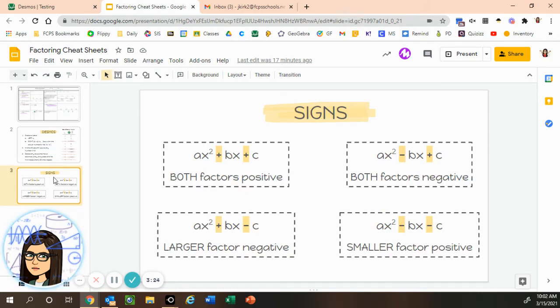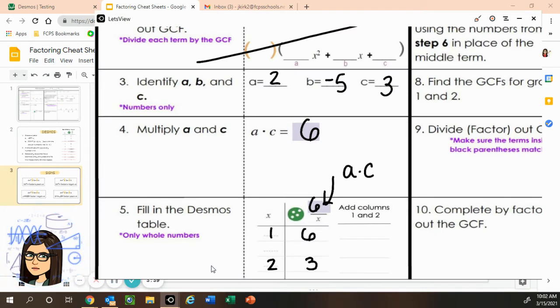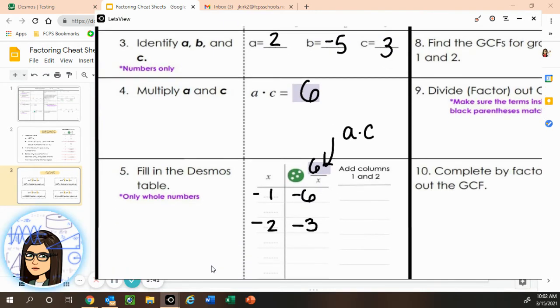For our signs, we had a positive A, and then we had a minus 5x plus 3. I think right here that tells us both of our factors are going to be negative. So on our table, make everything negative. Now when we add our columns, -1 minus 6 gives us -7. -2 minus 3 gives us -5.